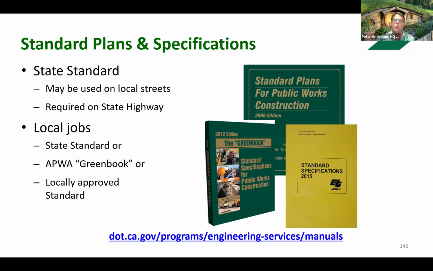And so when that happened, these became part of it. So for projects on the national highway system, they may use Caltrans standard plans, or they may use what's referred to as the Green Book, the AASHTO Green Book.